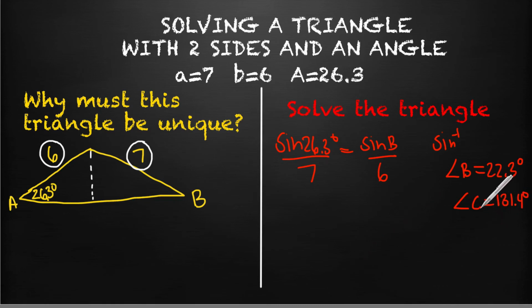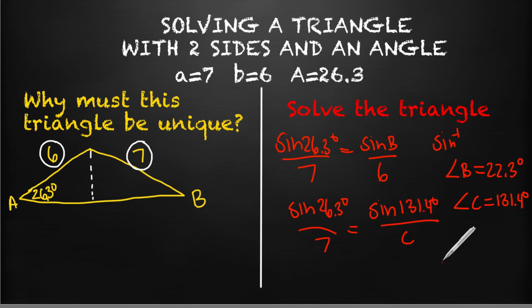And then if we have that, we can use the law of sines to find side C. So we will say, once again, sine of 26.3 degrees over 7 is equal to, now we know angle C, so we can do sine of 131.4 over little c. Cross multiply, and we will get C is approximately 11.9. And so now we have all three sides, all three angles, and we have solved this triangle.